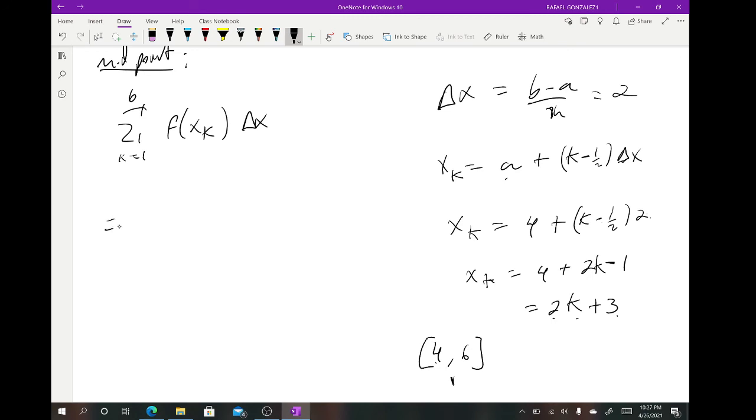So we have that this is the sum for k equals 1 to 6 of f of 2k plus 3 times 2.